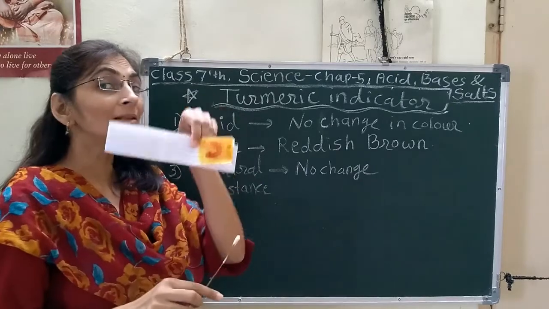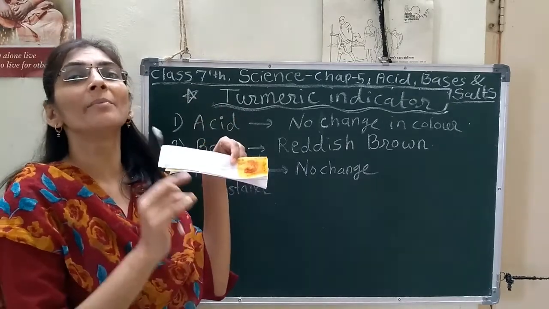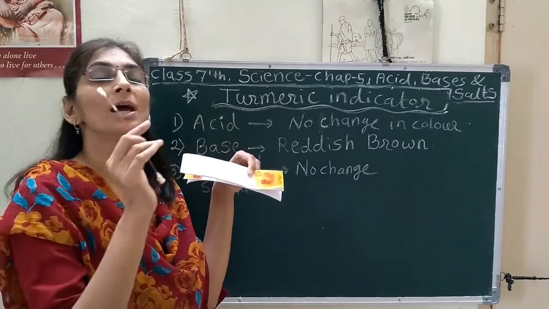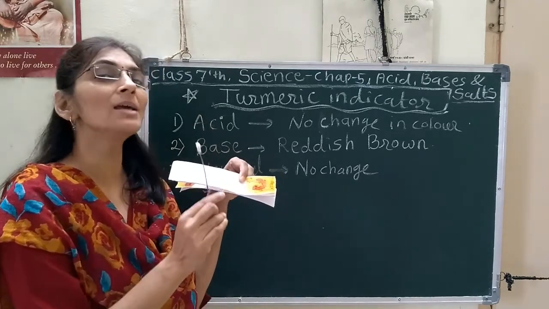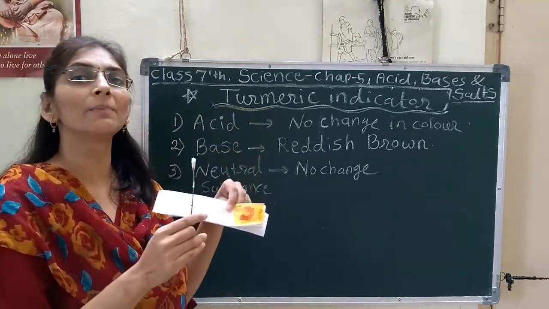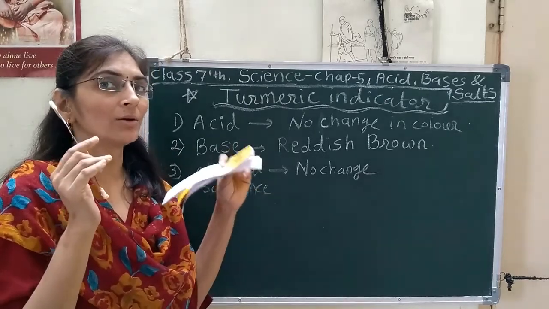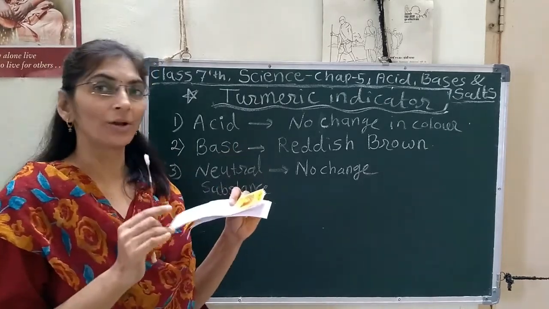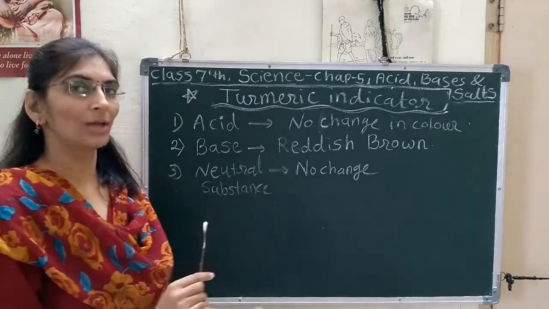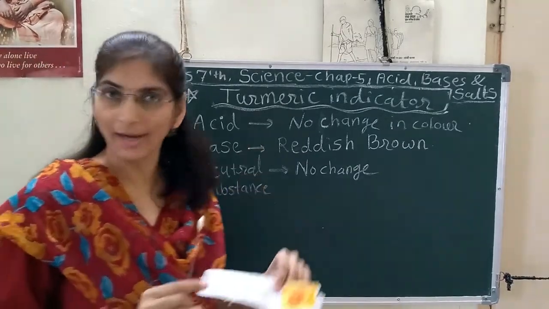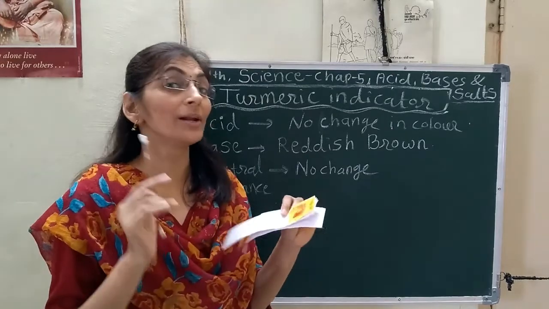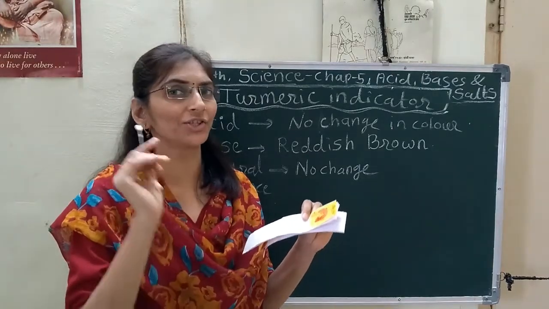In that manner you can make flowers and different types of designs on your turmeric paper of suitable size, and you can make very good greeting cards for your favorite persons. This is your activity you can do, and you will get very great joy.